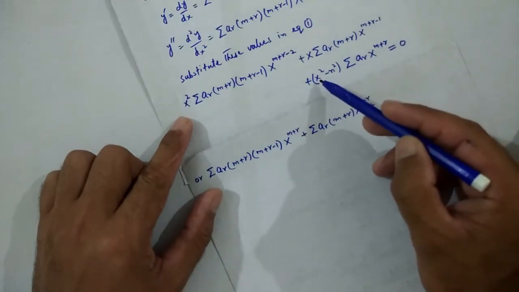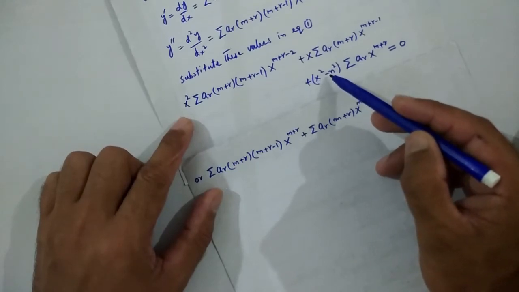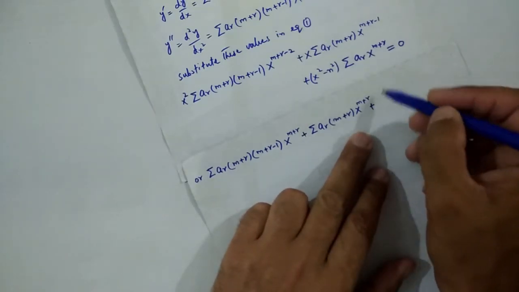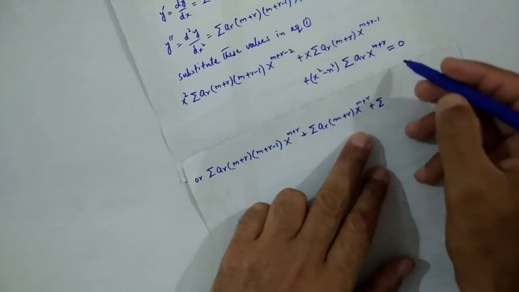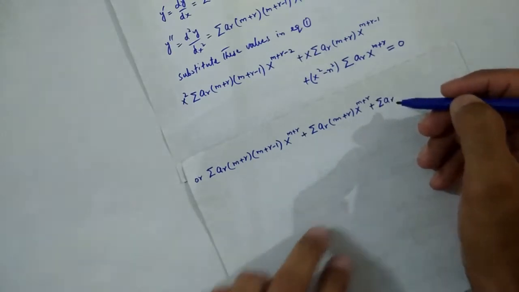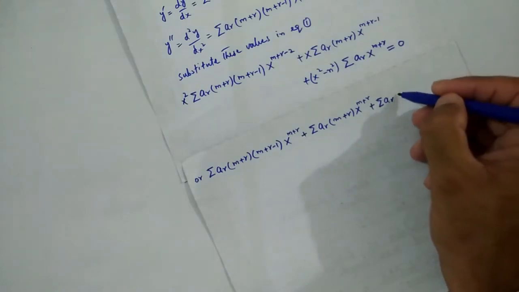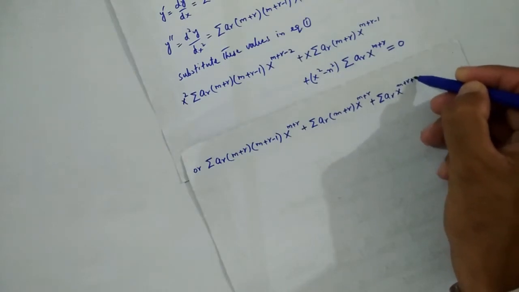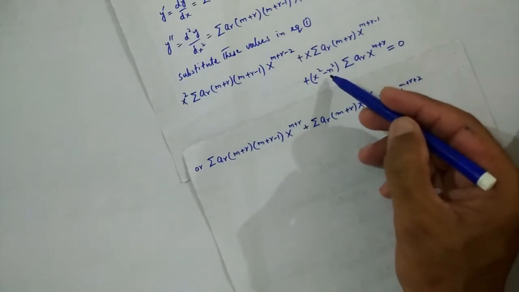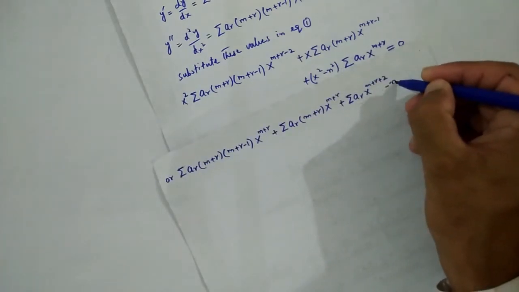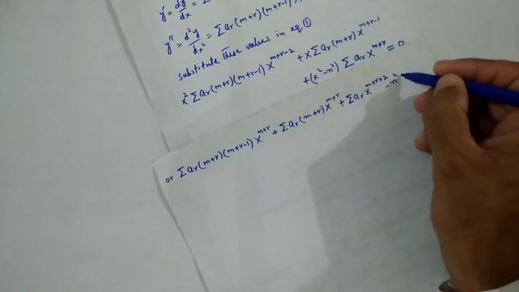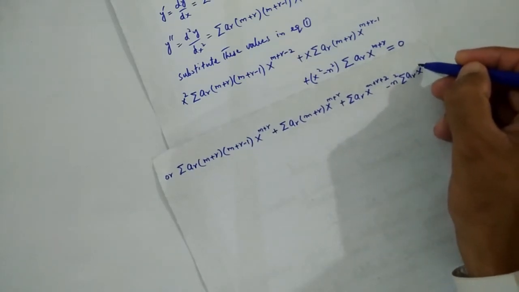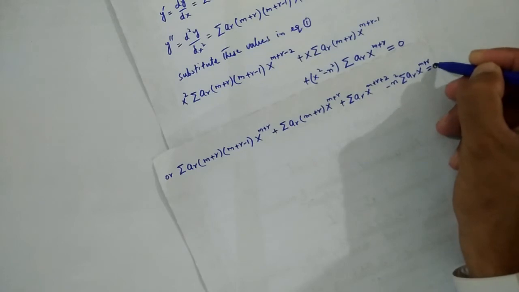When this term is multiplied with x square, we will get summation AR into x to the power m plus r plus 2, and when it is multiplied with minus n square, we will get minus n square into summation AR x to the power m plus r, which is equal to 0.